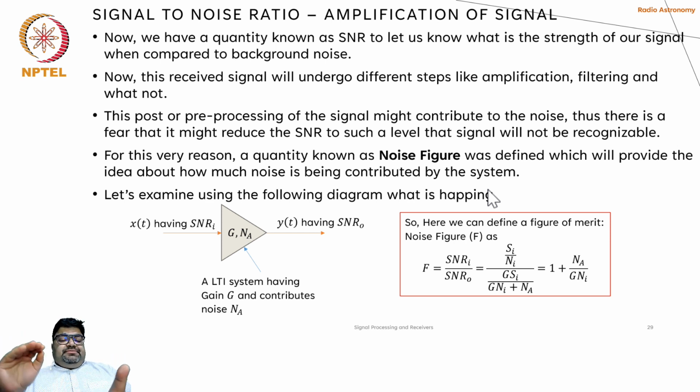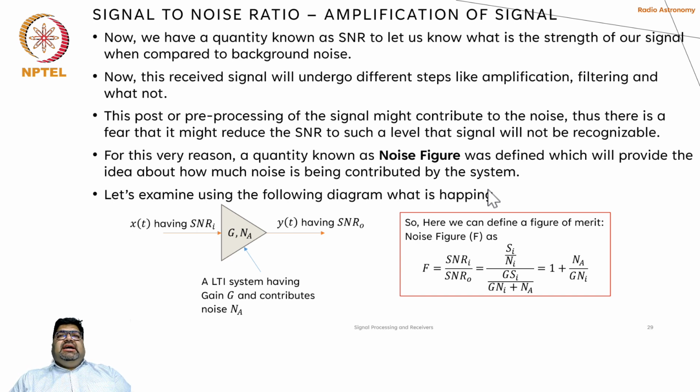The other thing is that we choose by default low noise electronic devices like low noise amplifiers. In radio astronomy, the low noise amplifier is the default. The RF amplifier is used only after the low noise amplifier is initially put in place. So the noise figure of each individual component of the electronics matters a lot.